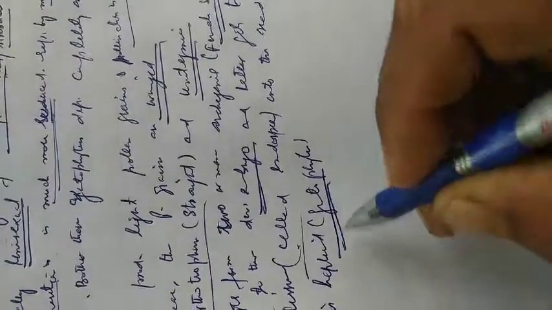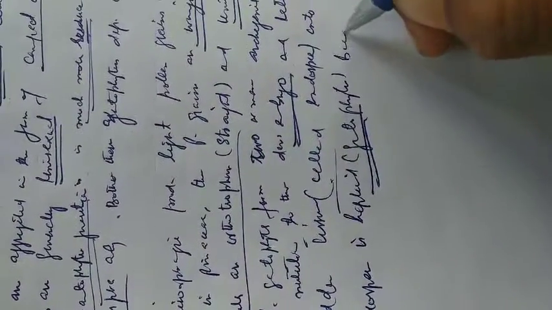This endosperm is haploid because it is produced before fertilization, while in angiosperms it is produced after fertilization.